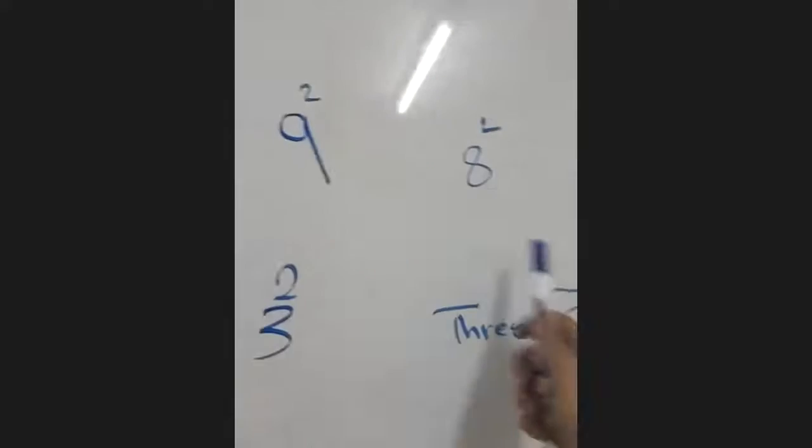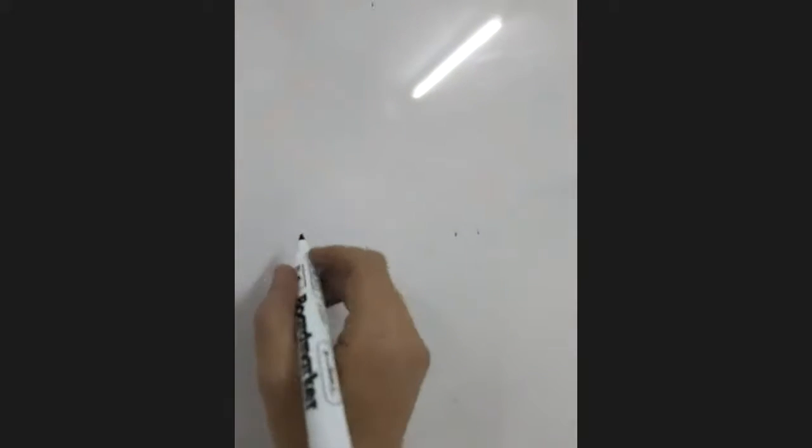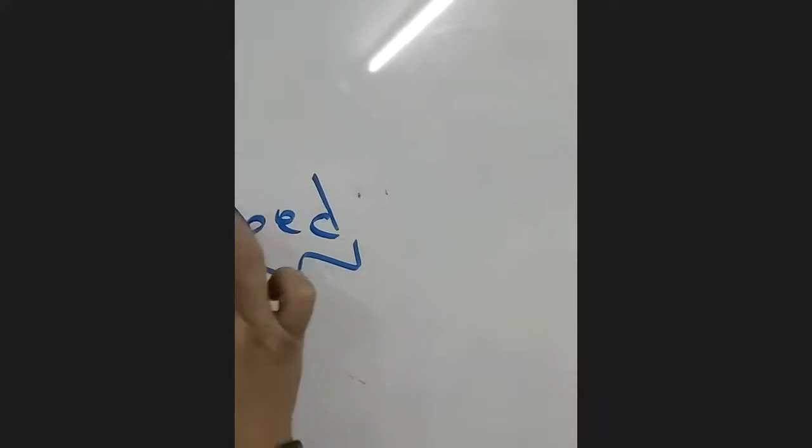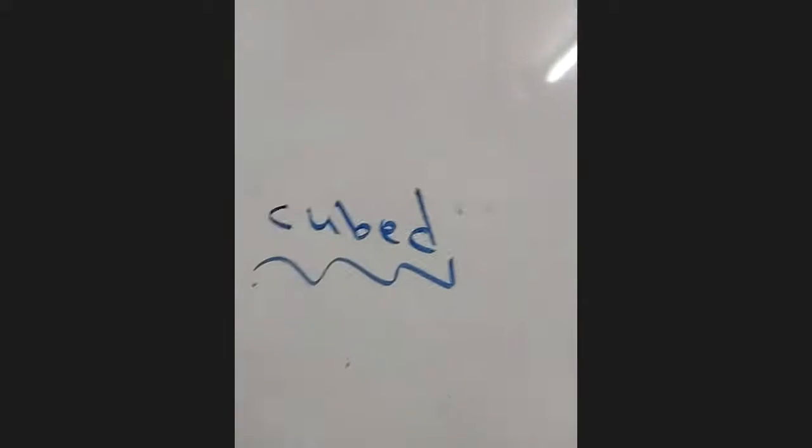Cubed. We said for the power 2, squared. But if it's power 3, cubed. So the word cubed means the number is raised to the power 3.